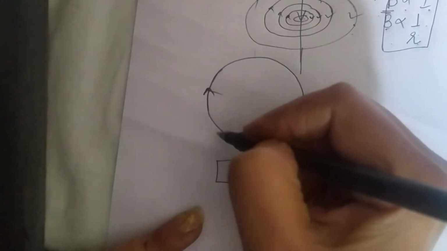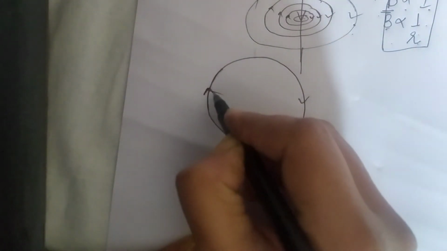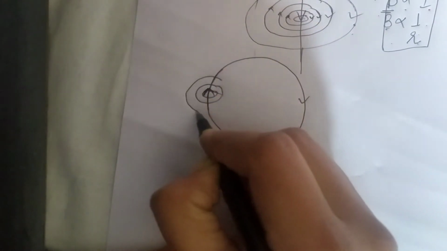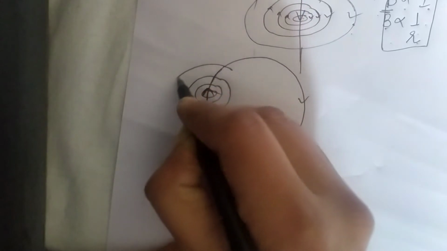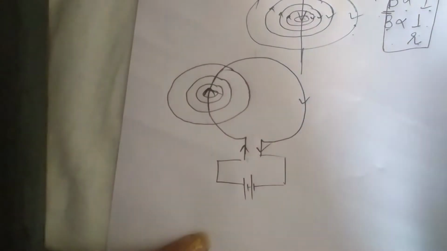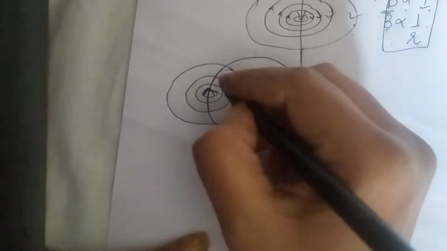If we consider this as a straight conductor, we know that around a straight conductor the lines are concentric circles. As we move away, the distance between the circles is increased because the magnetic field is weak. Now what is the direction? Current is up, so it is anti-clockwise.